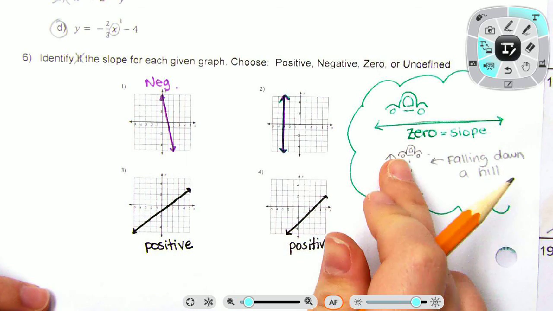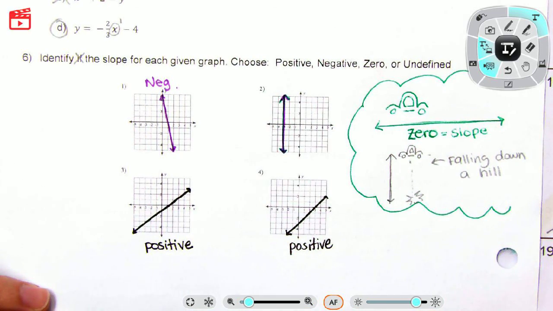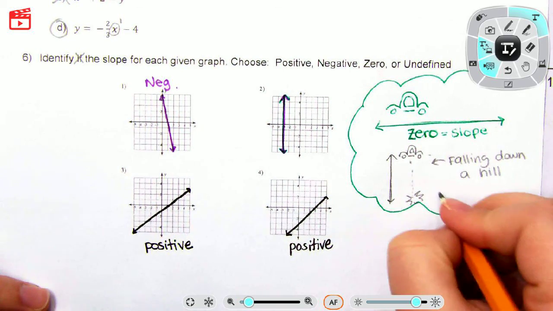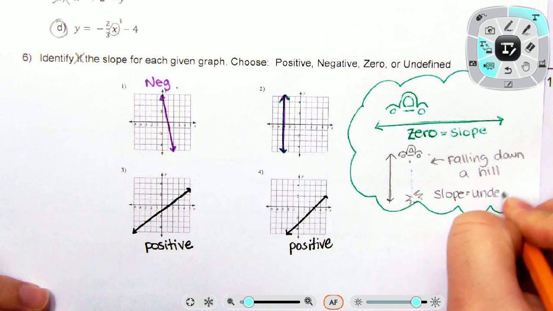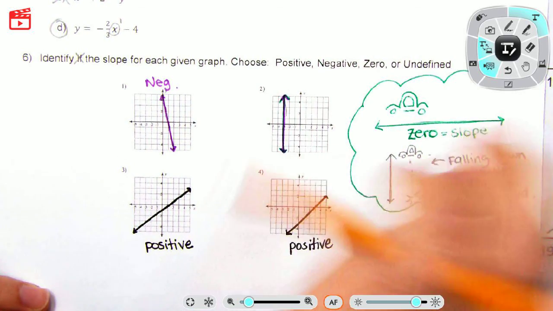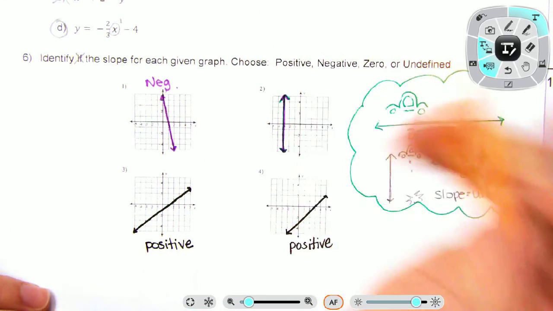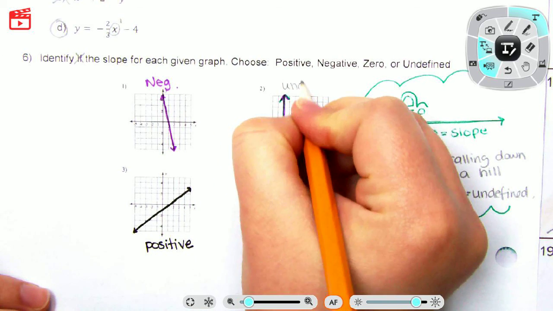Because it's vertical, it's just up and down, there is no road to support it. Your car is falling down a hill, so your slope is undefined.